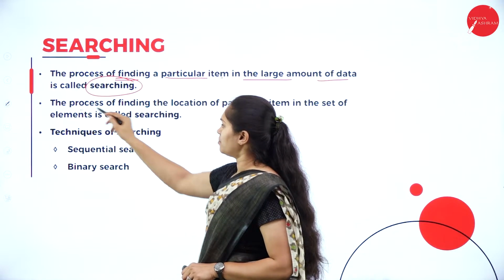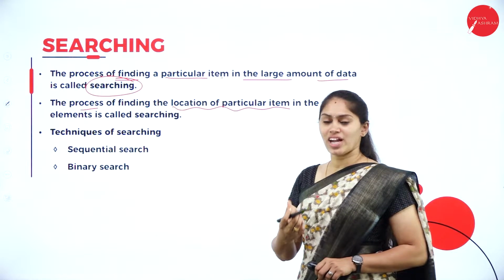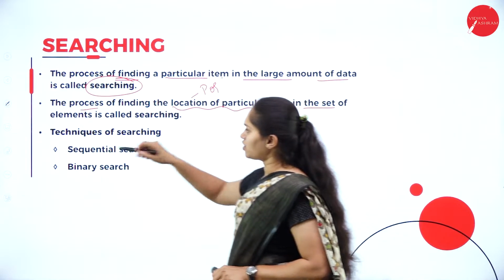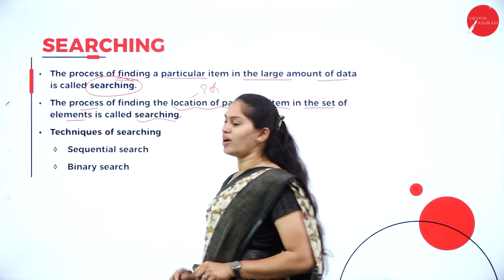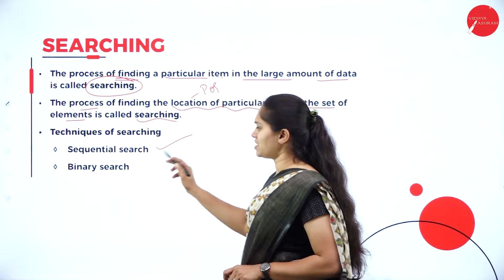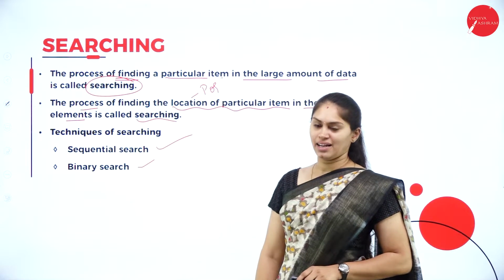Or else, the process of finding the location or position of an element in a set of elements, we also call that searching. And what are the different techniques we have? We have sequential search or linear search, then we have binary search.